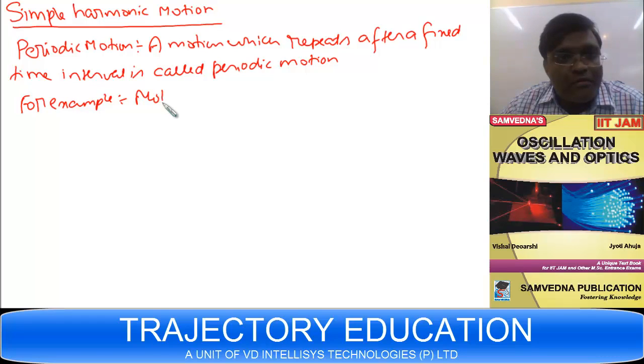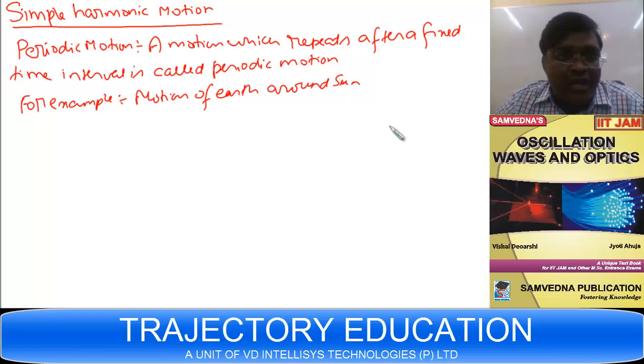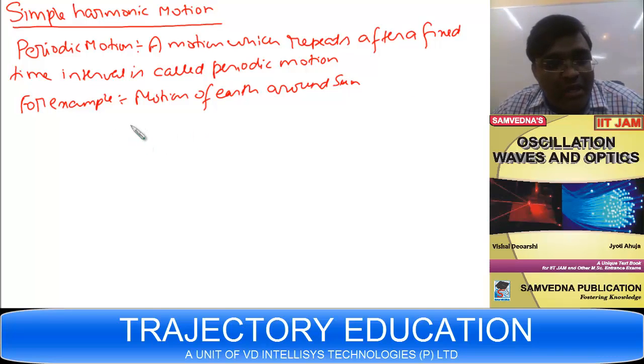For example, the motion of Earth around Sun. It repeats itself after 1 year, that is 365 days and 6 hours. Like a simple pendulum.